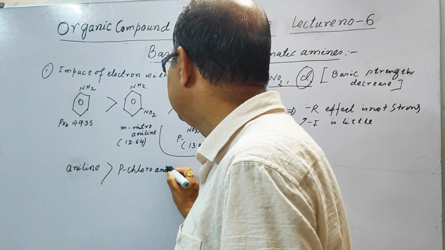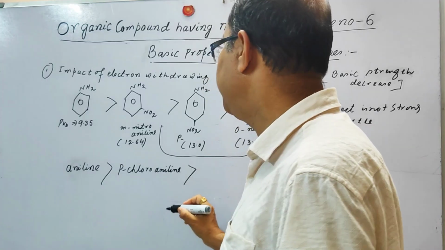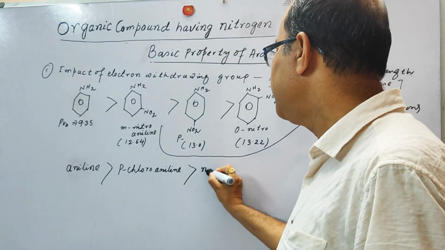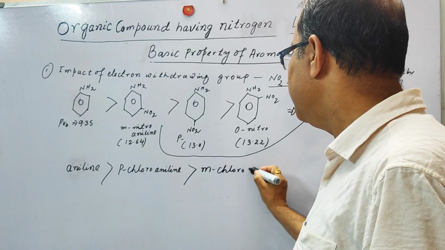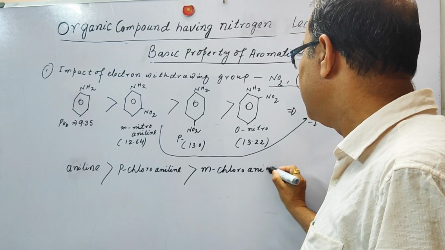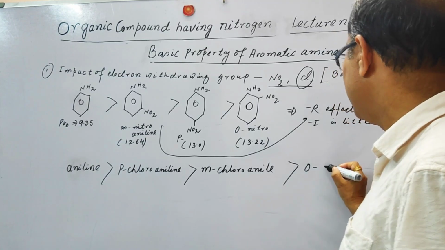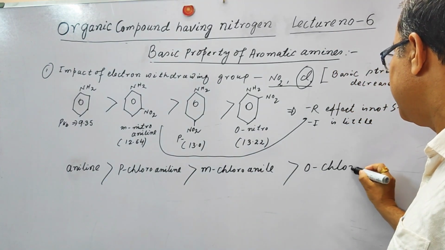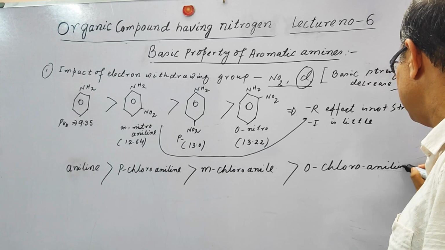Para-chloroaniline will have higher basic strength as compared to meta-chloroaniline, and ortho-chloroaniline has the lowest.